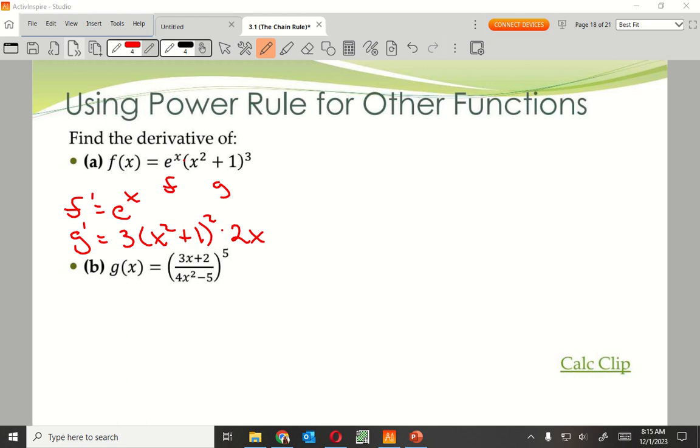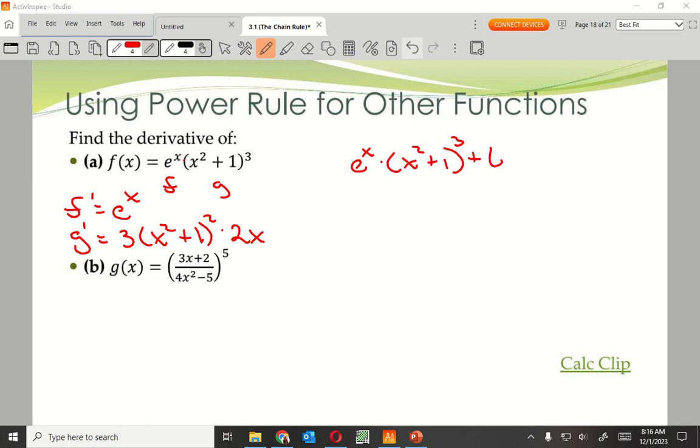Now that's what we're going to put together when we do my product rule. My product rule is f prime g, which is e to the x times g, which is all of this, x squared plus 1 cubed, plus g prime. I'm going to reorganize my g prime to make it a little better: 2 times 3 is 6, and move the x out front.